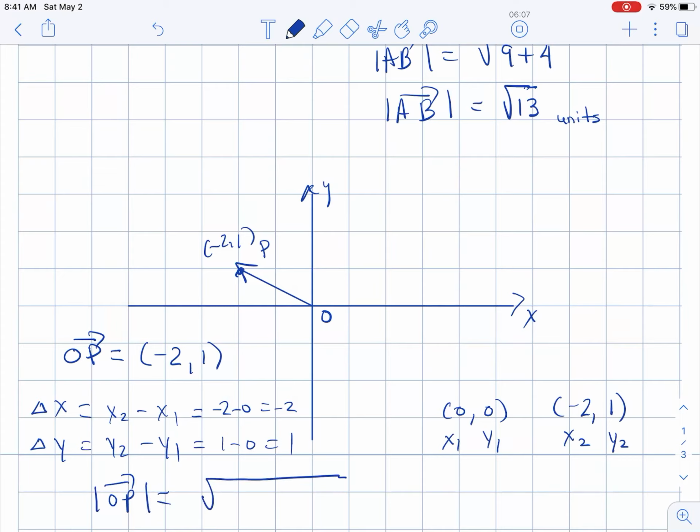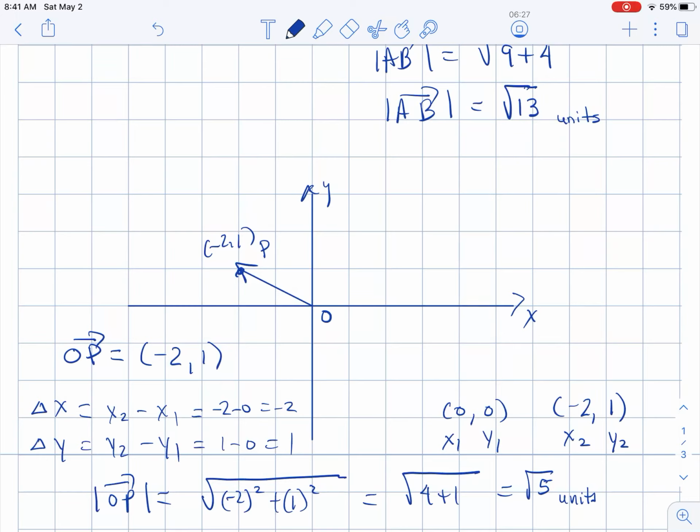If I'm going to find the magnitude using that distance formula, it's -2 squared plus 1 squared. That's going to be 4 plus 1. It's going to be root 5 units.